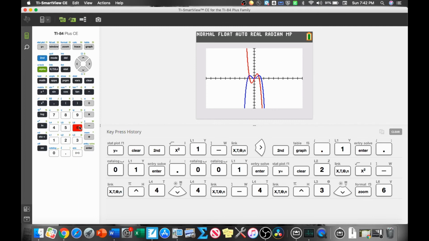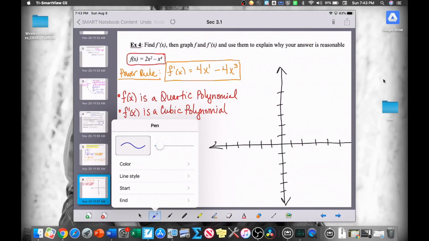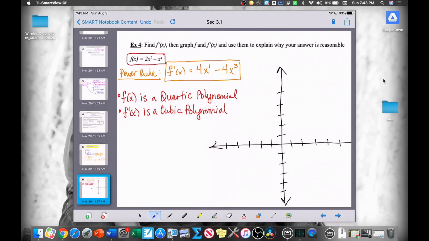So if we were to sketch a graph of the two functions, let's go back to our paper here. Our quartic polynomial had some x-intercepts at -2, 0, and 2. And it had points at -1, 1 and +1, 1. So our quartic polynomial is pretty easy to graph.